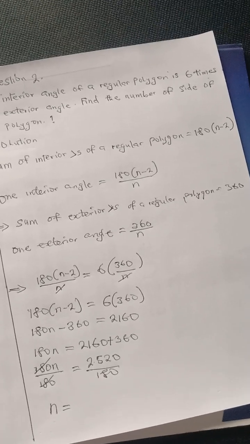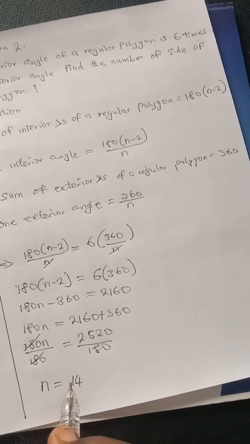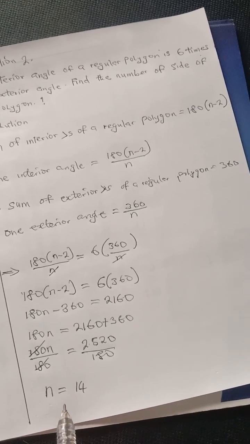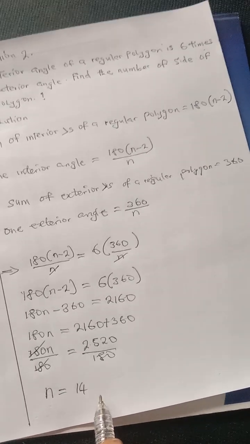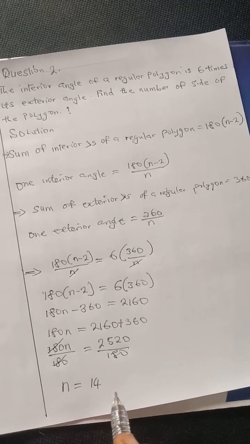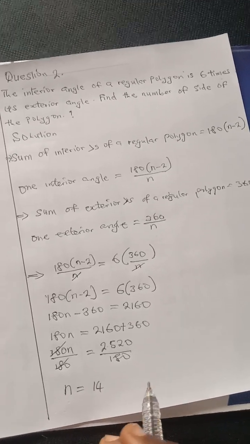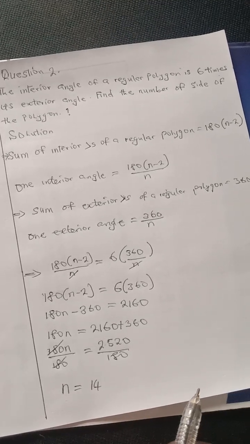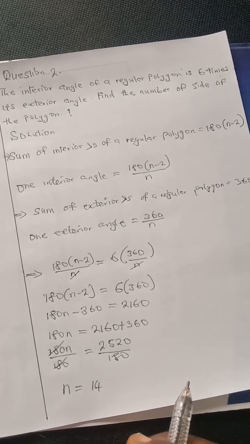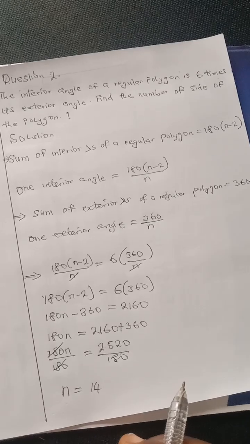You will have 14. So the number of sides of this regular polygon is equal to 14. This is the answer for this question number 2, which is number 26 in the past question objective.